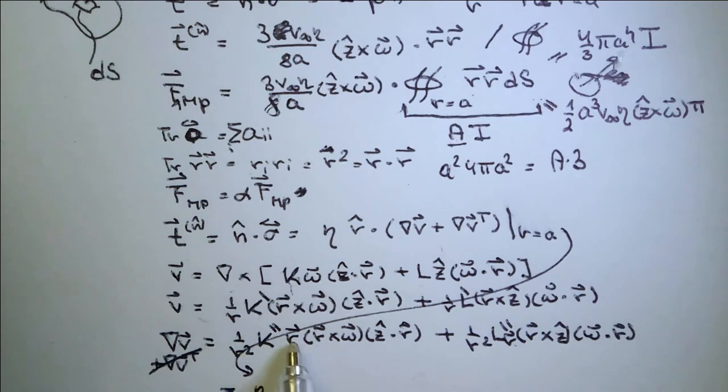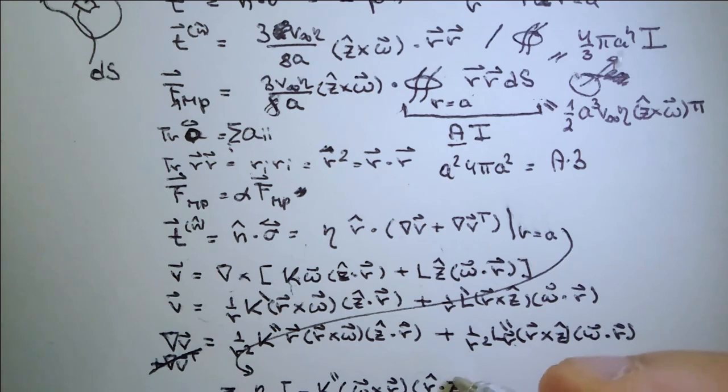There is r dot r, which is r hat dot r vector, which is just r, so this is 1 over r, which is a, so it's eta over a, and there is minus k double prime omega cross r, and there should be r dot z vector plus minus 1 l double prime z cross r vector.